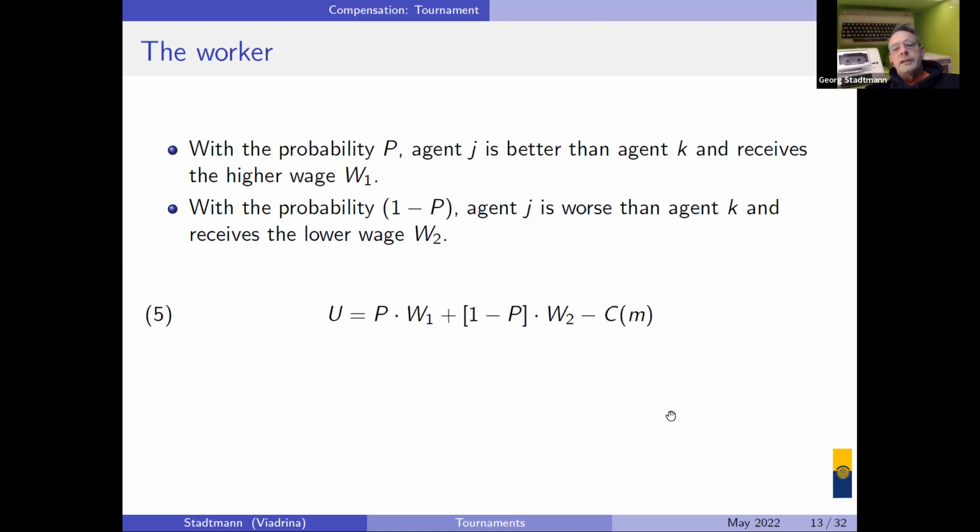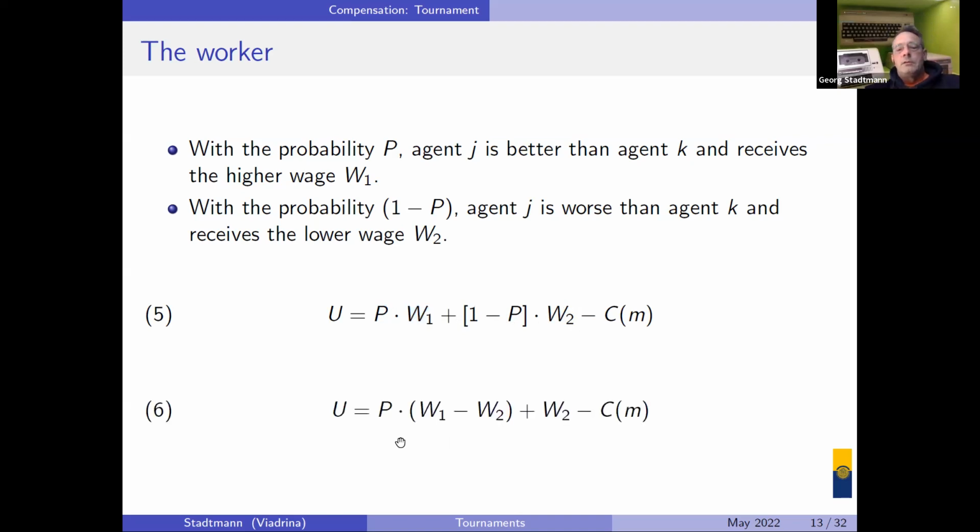So the utility for a worker is given by the probability of becoming number 1 and receiving the high wage rate, plus 1 minus the probability to be number 1 times the lower wage rate, and then we subtract the cost.